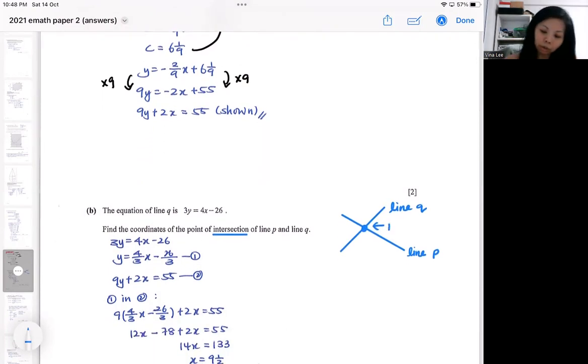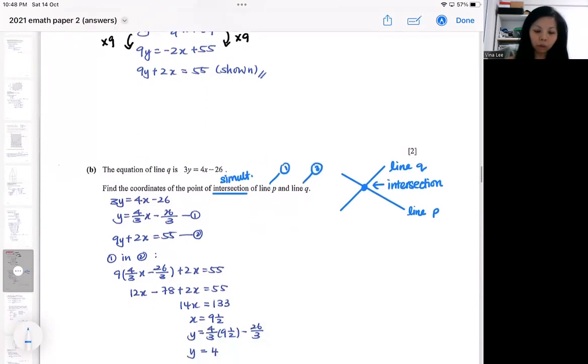This is called the coordinate of intersection. So your job is to solve a simultaneous equation. It's a concept that a lot of people couldn't relate to or couldn't remember. Intersection just means simultaneous equation. Line P will be equation 1, line Q will be equation 2.